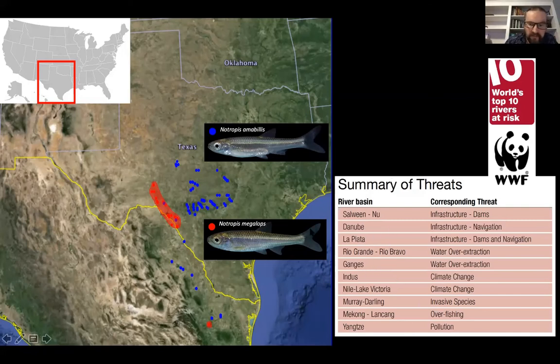The problem in this area is water over-extraction, but also agriculture and of course impoundment from dams. And because we recognize this fish, it now hopefully comes onto the radar of state agencies that would put measures in place to conserve it.